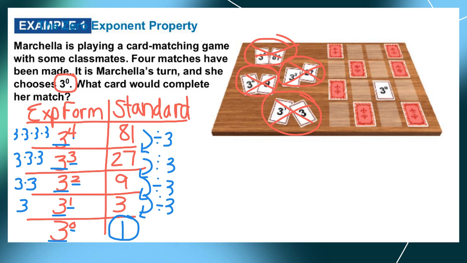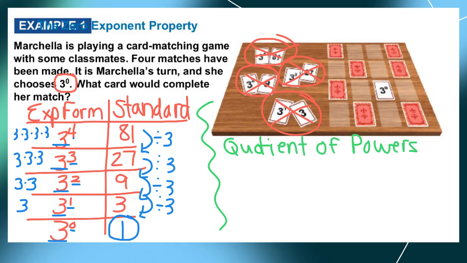Another way to think about this, let me put a squiggly line here. We could use the quotient of powers property. So I'm just going to make up a number.